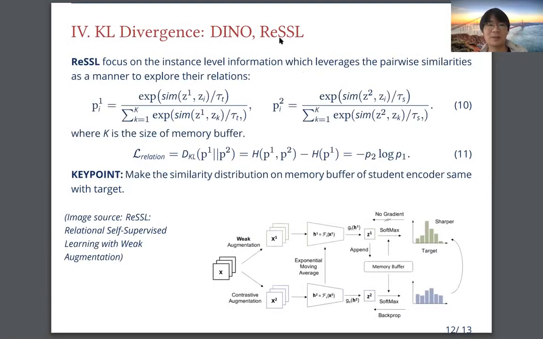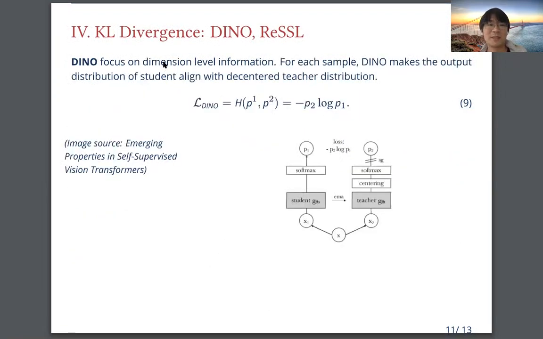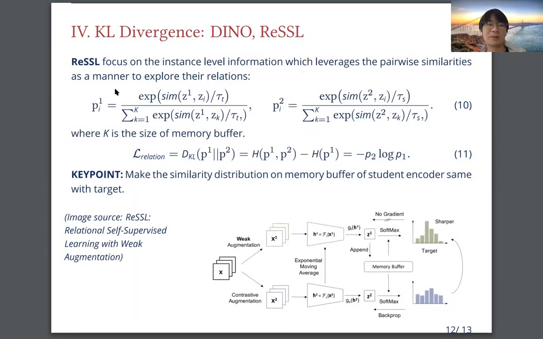And similarly, another work, ReSSL, they call it relational self-supervised learning. In this work, they focus on the instance level information, and previously DINO focused on the dimension level information.